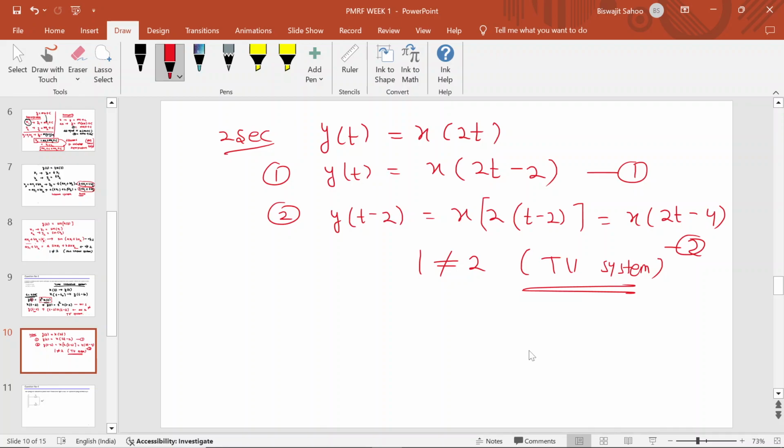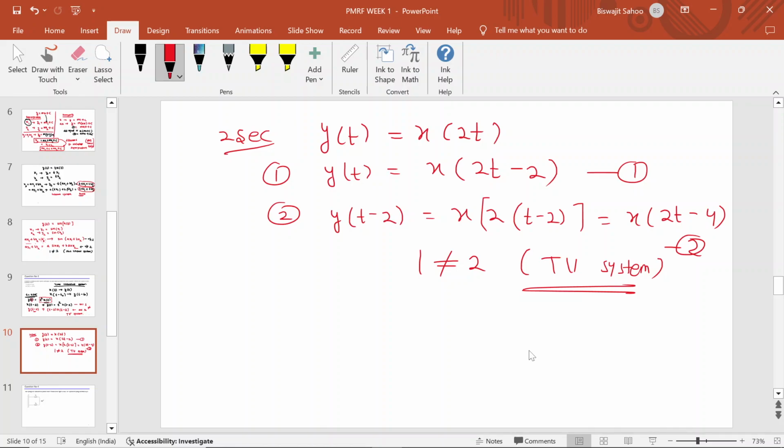Suppose you have come across this thing, linear time invariant system. In control systems, remember that all the systems should be LTI systems. Whenever a system is linear time invariant, you are able to solve the equation using the transfer function approach.